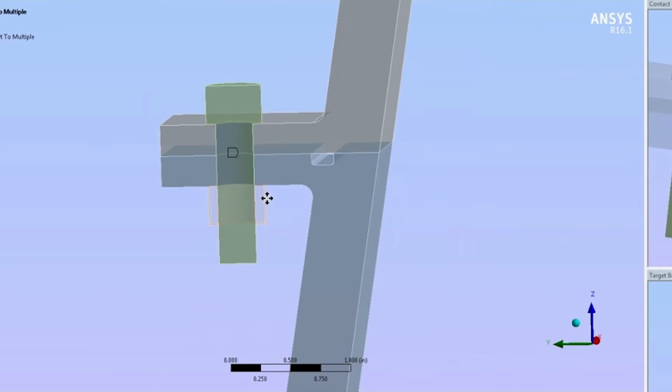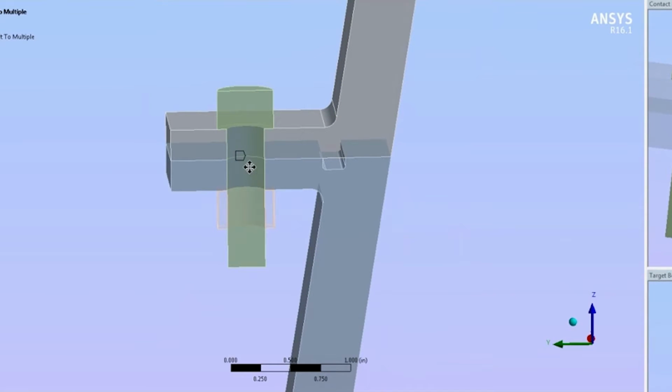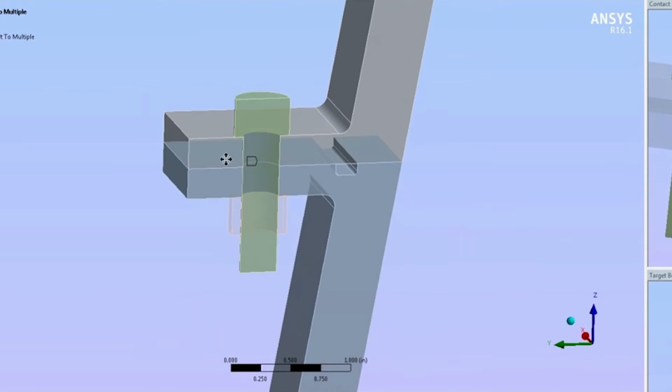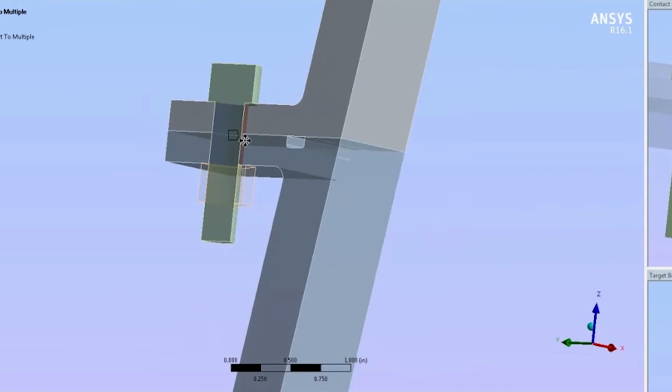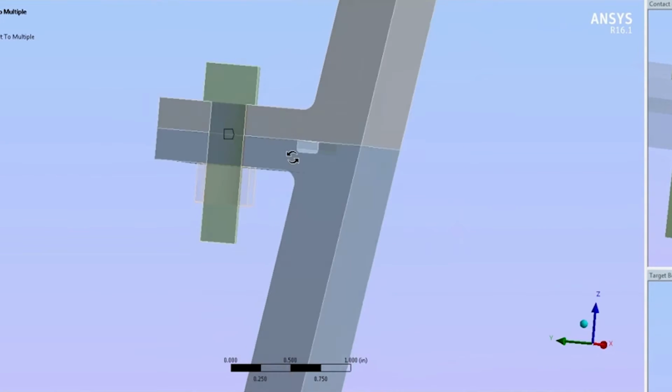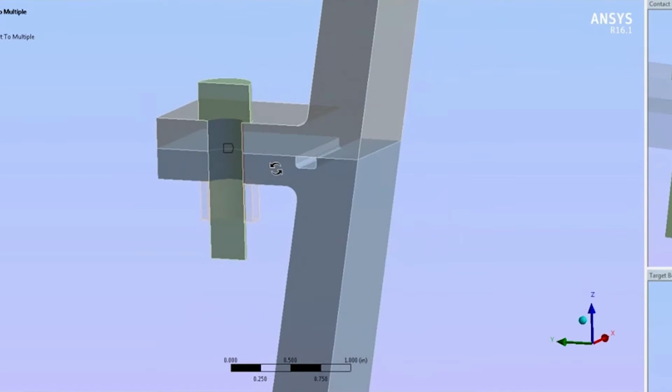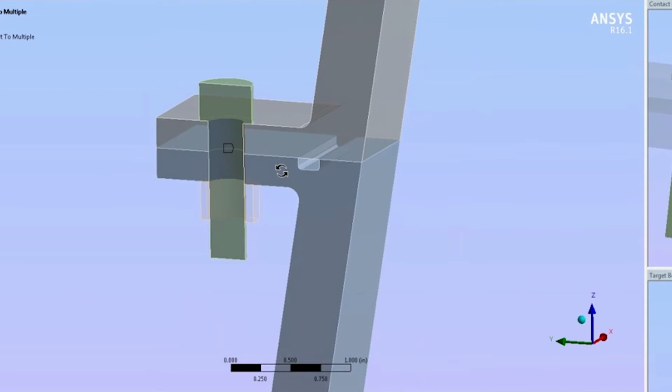And finally, between the shank or the threads and then the remainder of the hole, those surfaces would not be allowed to go through each other, but they're also not bonded to each other. So that was the logic in that.